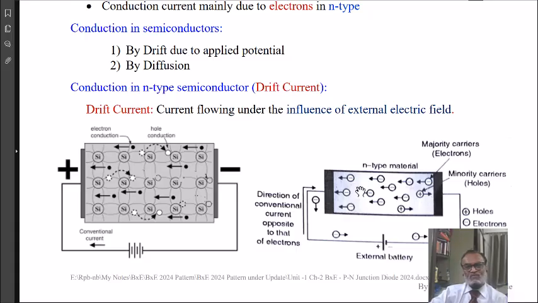But since they are not movable, they are not shown in the simplified figure. The conventional current that is coming out of the specimen is because of the current due to electrons as well as current due to holes.